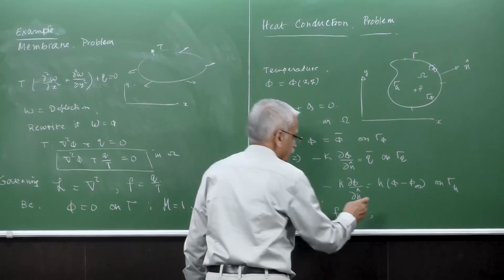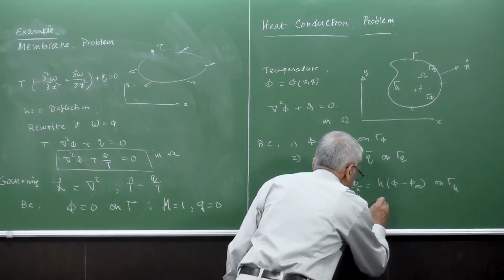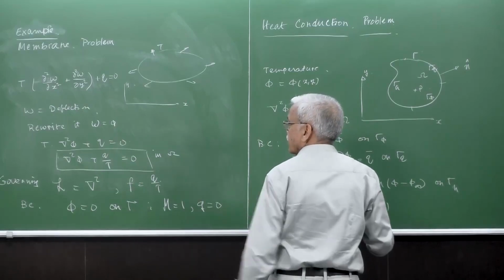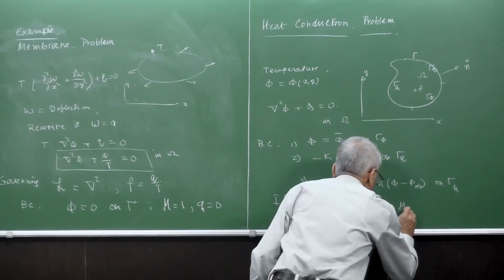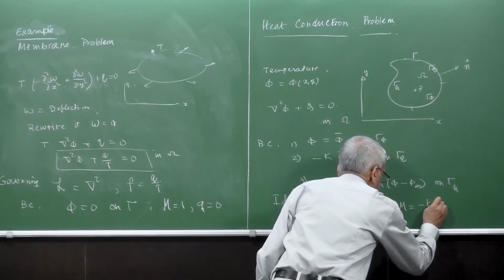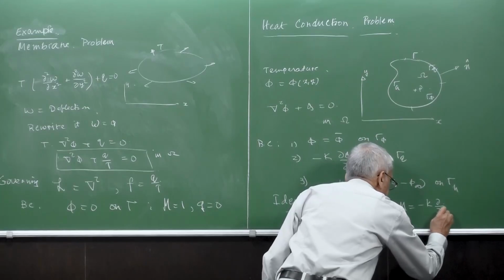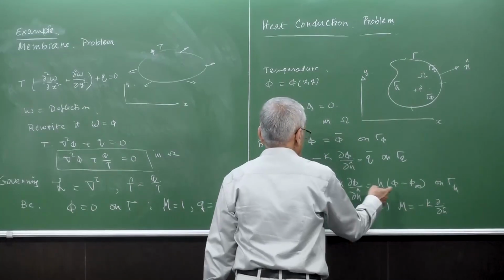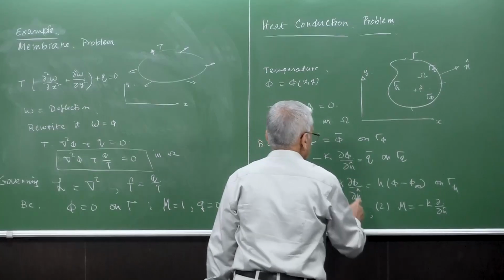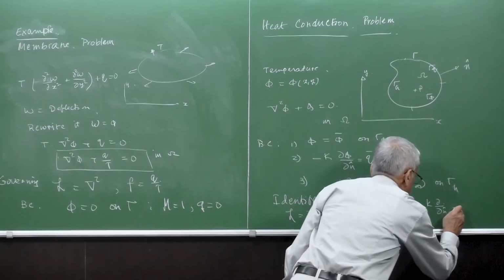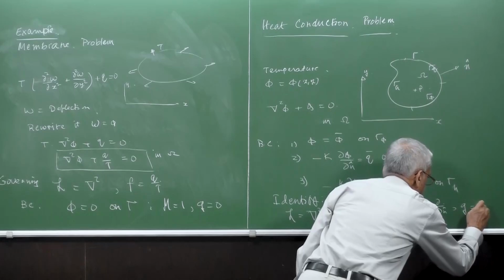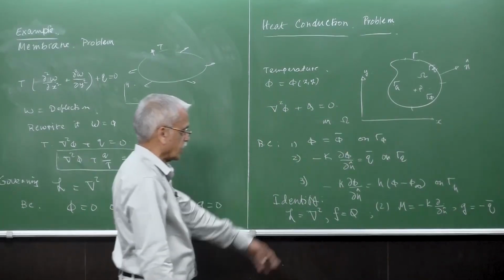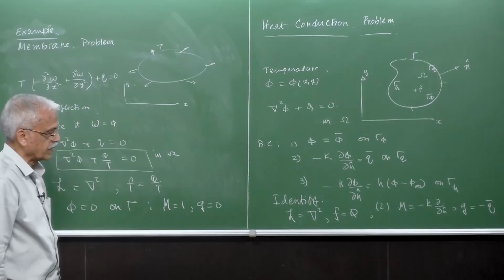If I consider only two boundary conditions here, then M is minus k dou by dou n, and g, if you take it onto this side, is minus q bar. This is with regard to the second type of boundary condition.